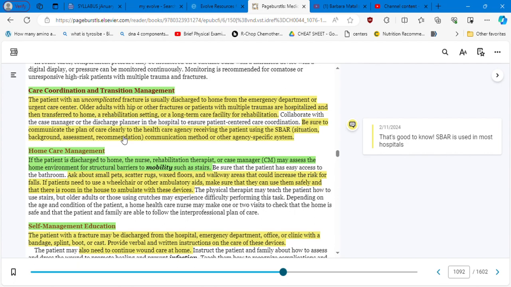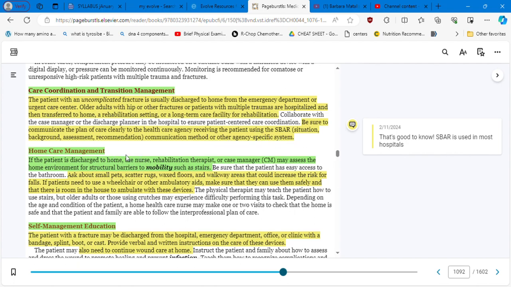For example, this patient may need extra opioid medication, follow up because this patient is exhibiting signs and symptoms of delirium. Sometimes the patient wants to get out of bed without authorization, whatever it is. And I recommend you put your work unit in the door of the patient's room, something like that. So, communication method or other agency specific system.